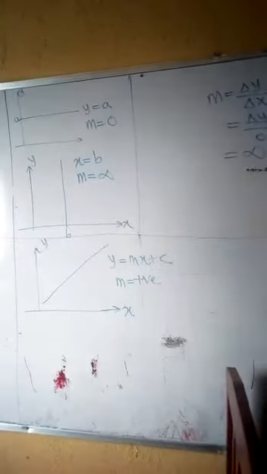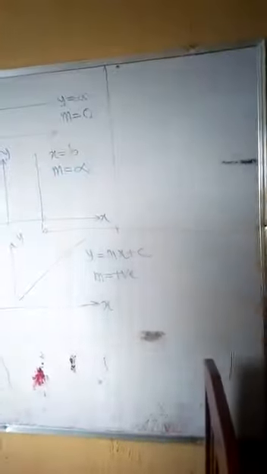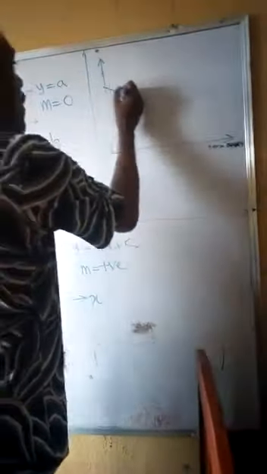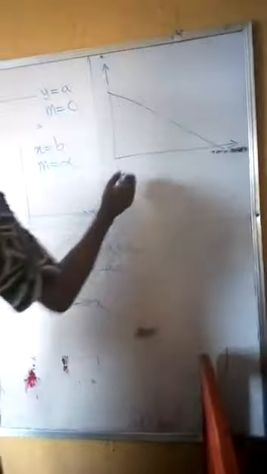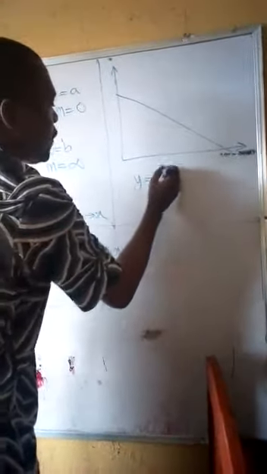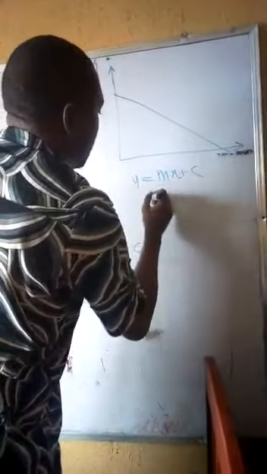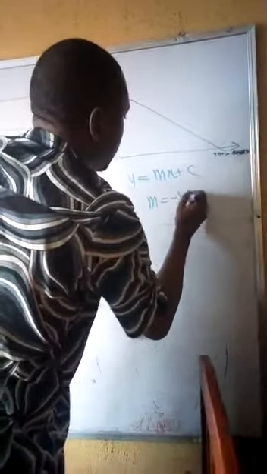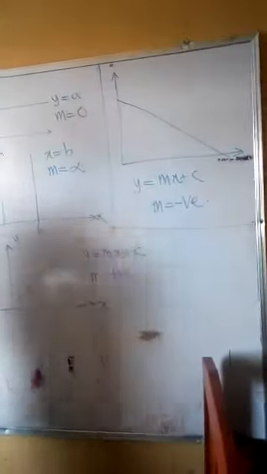That's an increasing line. But if the line is inclining downward, the equation is still of the form mx plus c, but here the slope is negative.